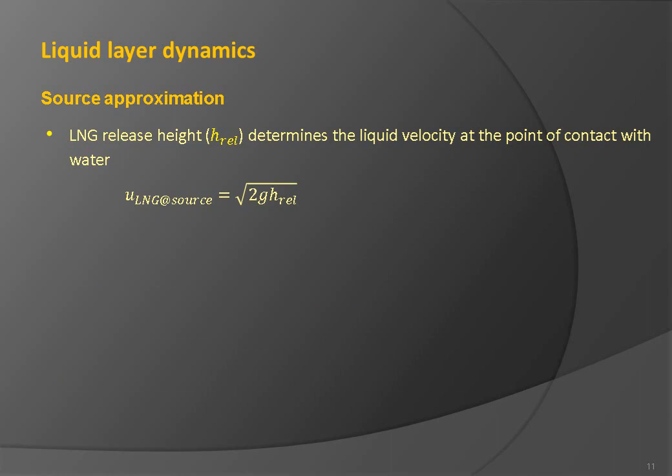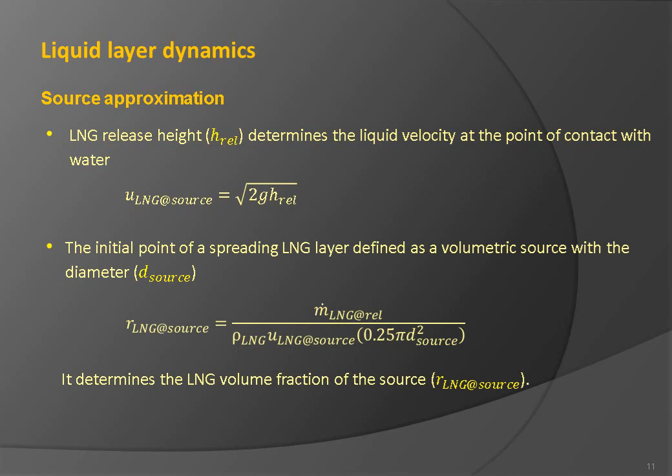LNG. The initial point of a spreading LNG layer can be defined as a volumetric source over a certain area with the diameter d source. The LNG volume fraction that is calculated depends on the mass flow rate of the release, m dot LNG at source, the liquid velocity of the impinging jet, u LNG at source, and the selected diameter, d source.